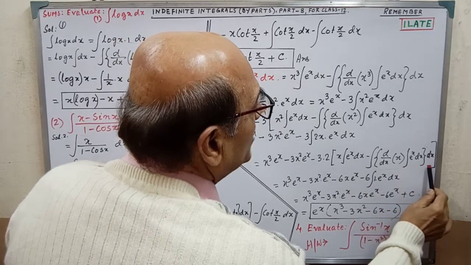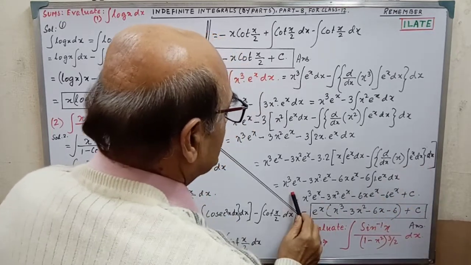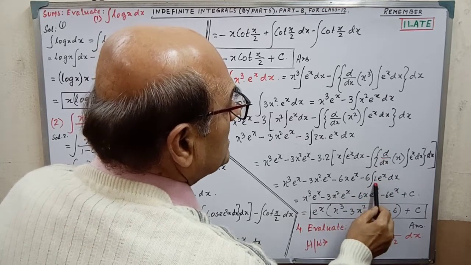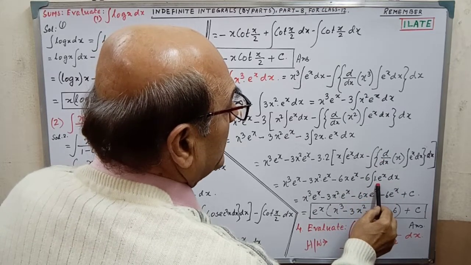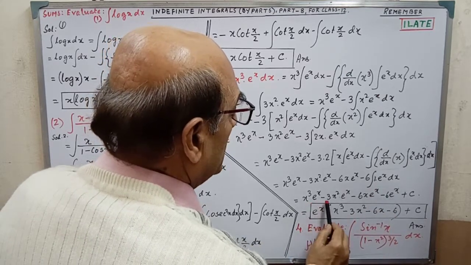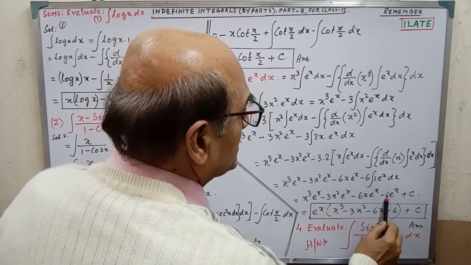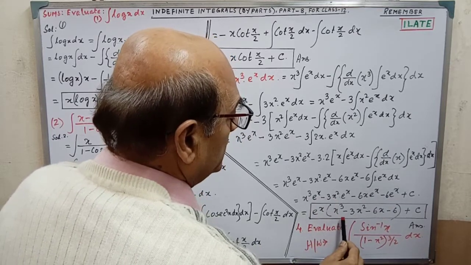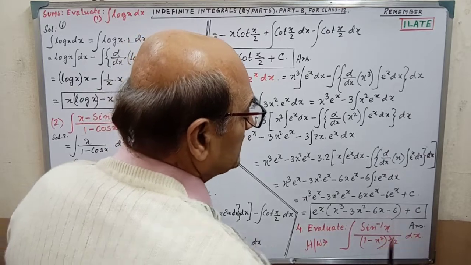By applying, we are getting this. Then by simplifying, we are getting this. Then this part, that is e to the power x, again we have to integrate. By integrating this, we ultimately get this. Then e to the power x will be common. After taking it common, it will remain this plus c.